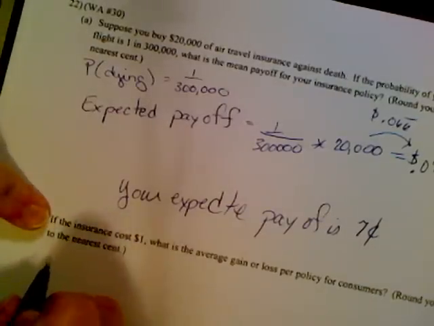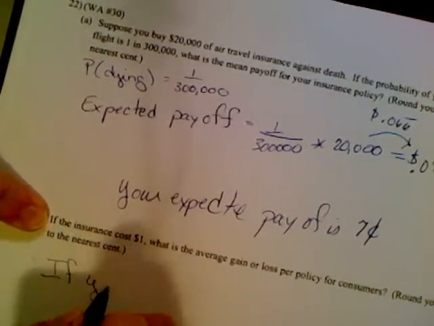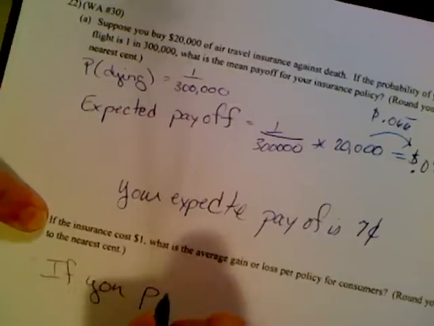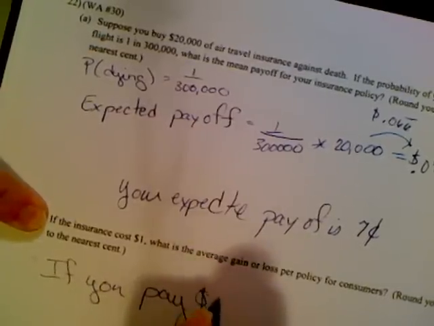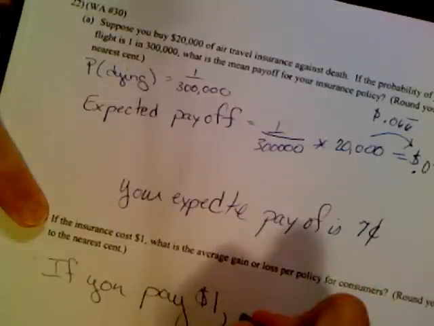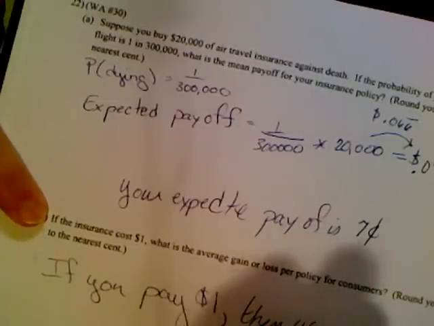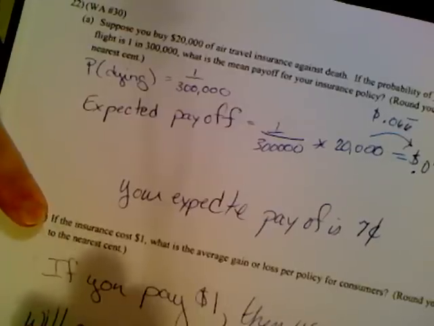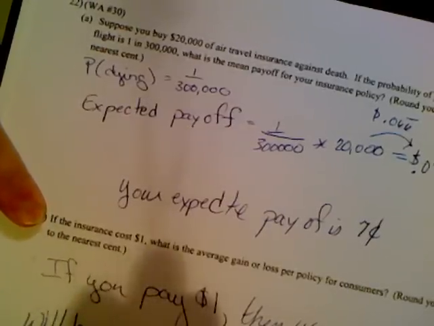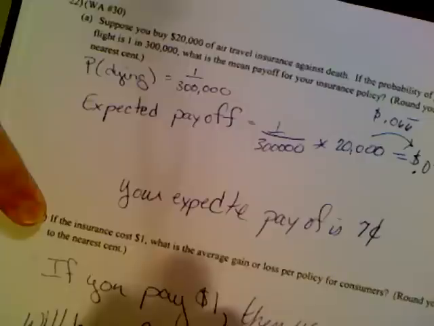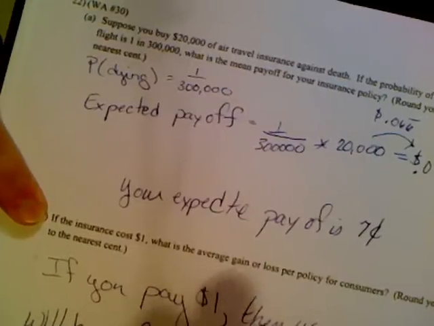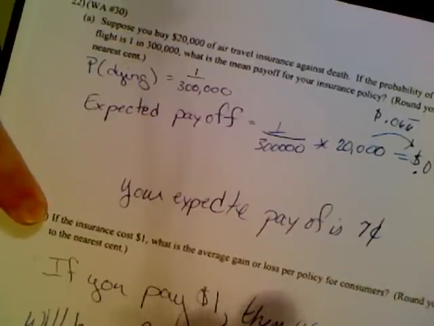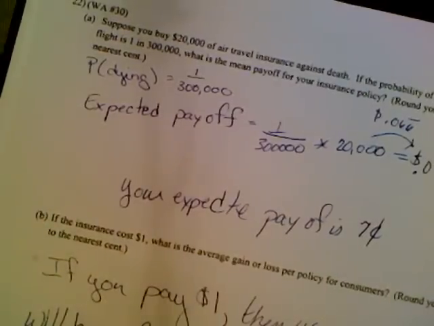If I pay $1, then you will lose 93 cents per policy. You as in the person who buys it, not as in you in the company who sells the policy. All right?